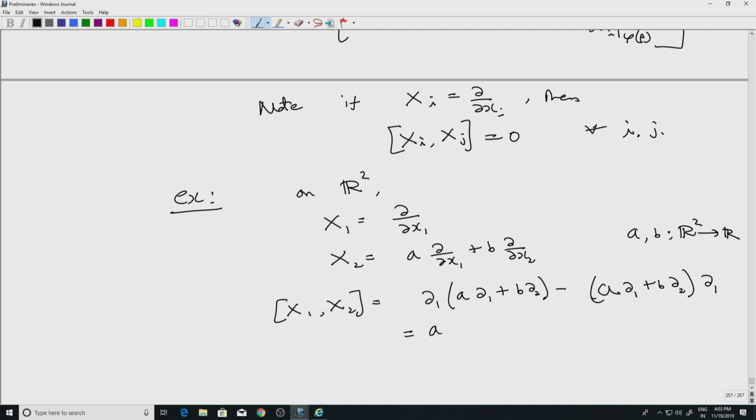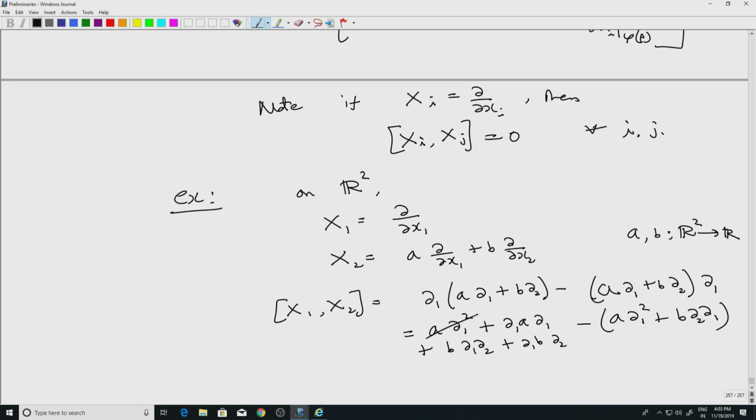We have done this computation once, but anyway, it's a times del 1 squared plus del 1 a del 1 plus b times del 1 del 2 plus del 1 b del 2, minus a times del 1 squared plus b times del 2 del 1.